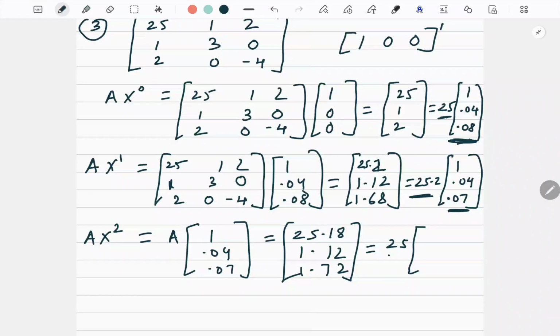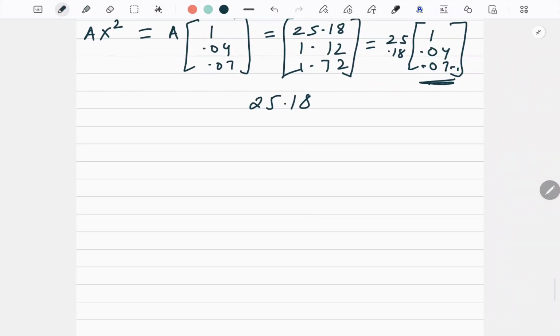That time you have to stop. So this will be equal to 1, 0.04, 0.07. See, my eigenvectors stopped changing. So the moment any one thing stops changing, we have to stop. So these two eigenvectors are the same. So I will stop here and I will say my answer is 25.18, which is the largest eigenvalue.